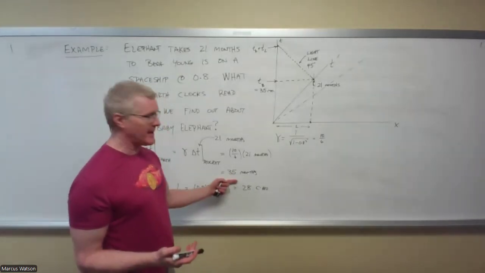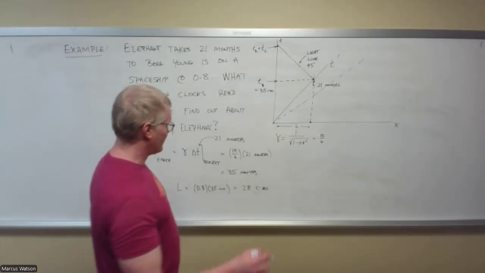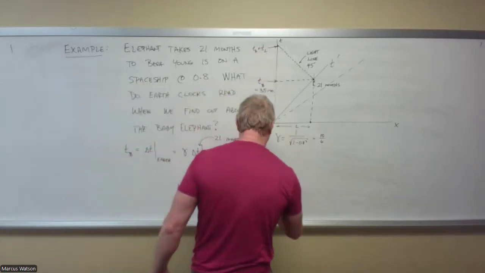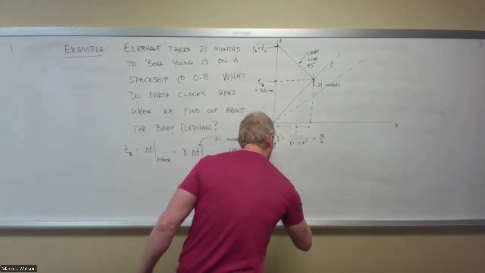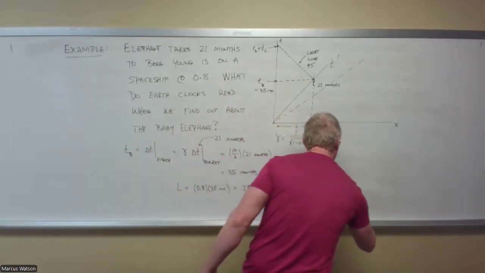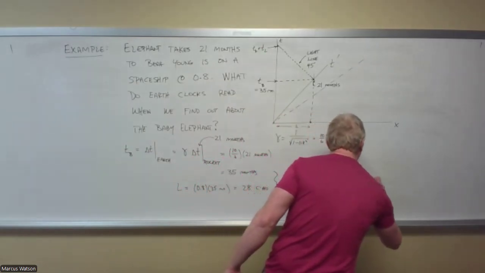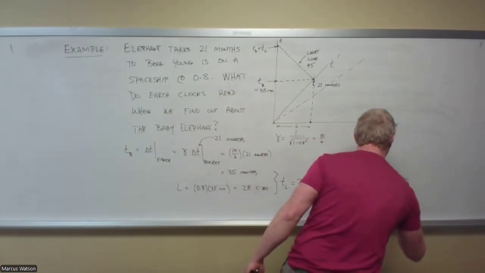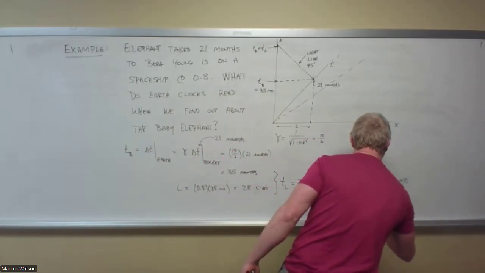So we're going to add the 28 onto the 35, and we're going to get 63. So TL is 28 months, and therefore TB plus TL is 35 plus 28 months, which is equal to 63 months.